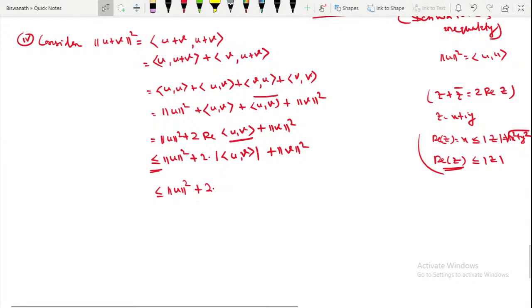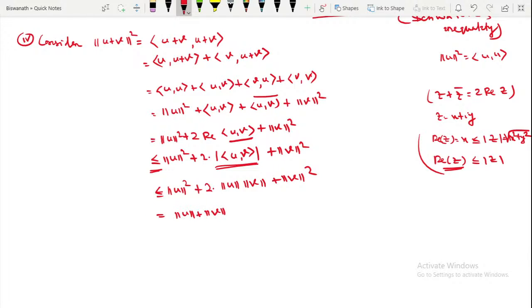So in place of this I will write norm u norm v, then norm v square. Now this is norm u square plus 2 times norm u norm v plus norm v square, which is norm u plus norm v whole square.